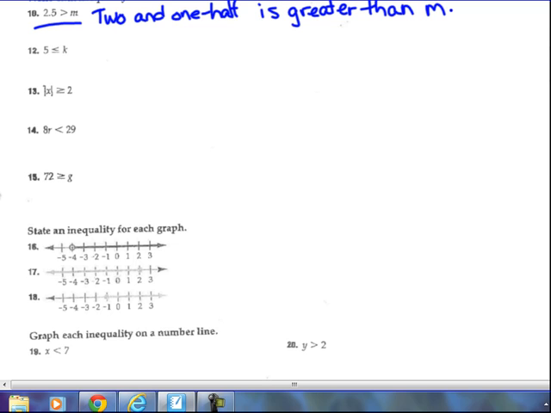Number 13. Oh, that's the absolute value symbol. The absolute value of x.